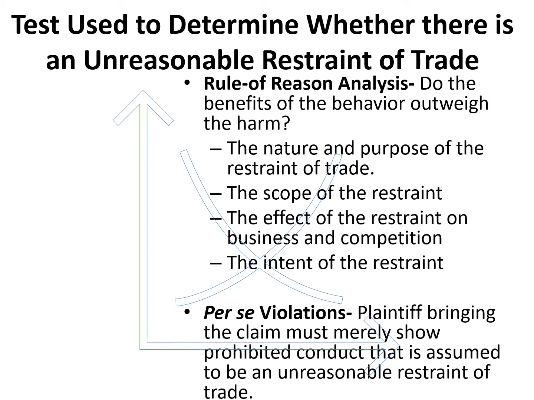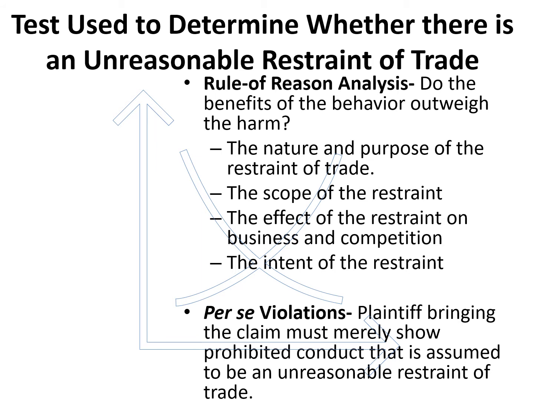We've got 4 elements that we would weigh. First, we look at what's the nature and purpose of the restraint. The restraint, remember, is referring to what the parties have agreed to do. So in our scenario, what is the purpose of the vendors agreeing to keep their price at $20? Well, the purpose is so that they keep their profits high.